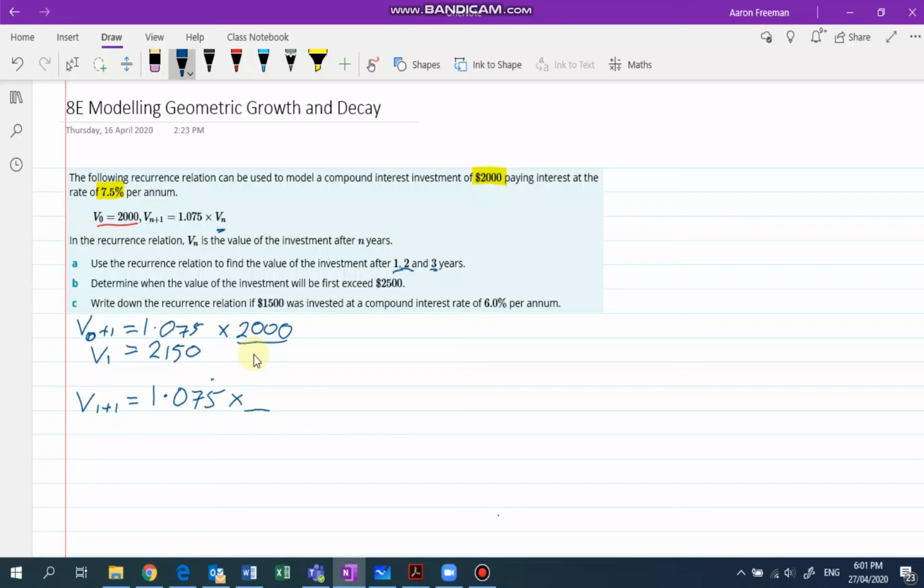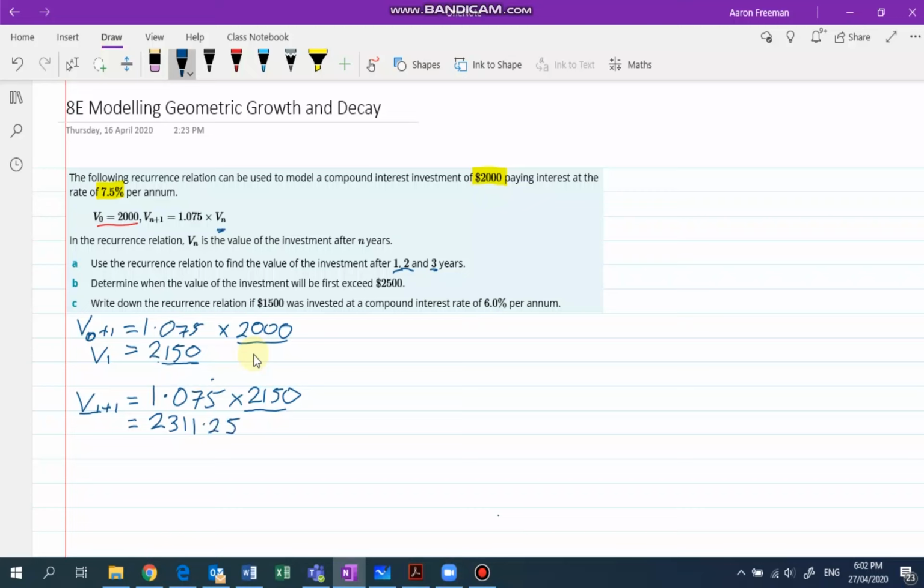This one will be 2,150 because we're using V1. So just kick it up a notch. 2,150, multiply that by 1.075, and we get $2,311.25.